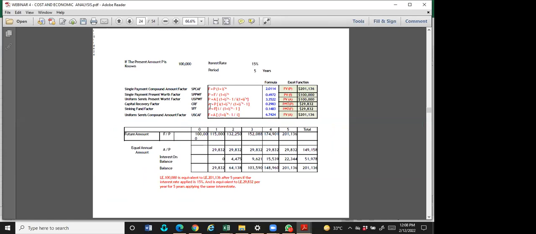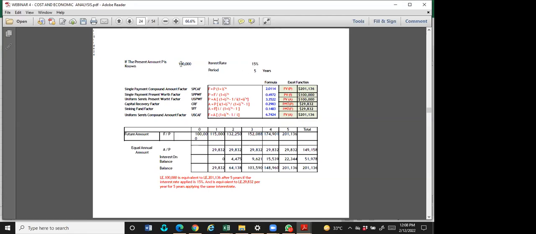Then the annuity will be 29,826. If you want to pay money every year for the next 5 years to pay back 100,000, you have to pay back 29,000 every year.